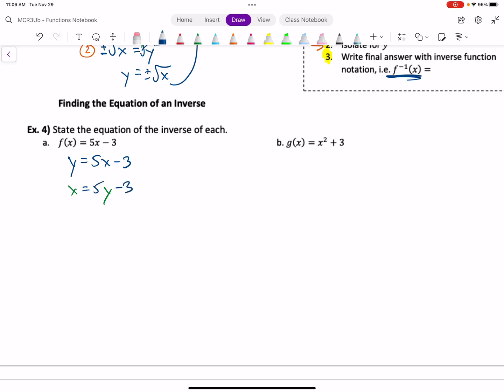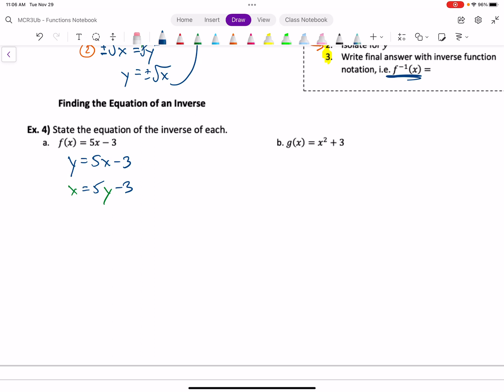Notice in this one, I did have more things on the x side, so those things stay and now they're associated with y. Beyond that, I'm generally just isolating for y. When I isolate for y, as a general rule, I would move over first the things that are easiest to move over. Right now I've got a negative 3, but I also have this multiplication of 5.